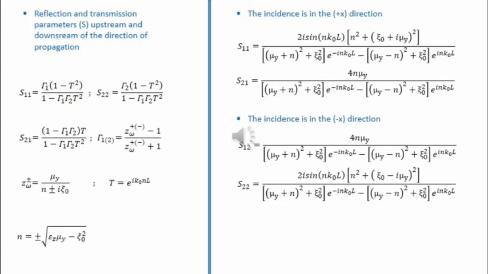Epsilon_z is the relative complex permittivity in z direction. Mu_y is the relative permeability in y direction, and chi_0 is the magnetoelectric coupling coefficient, a Tellegen's quantity.